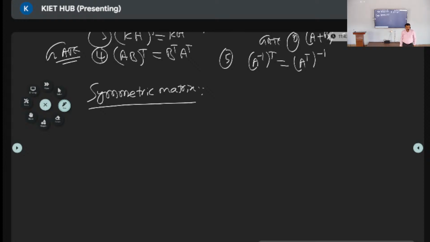Everyone. Only a few members are responding. What is the condition for symmetric? A transpose equal to A. Everybody knows. Very good. A transpose equal to A is a previous GATE direct condition.